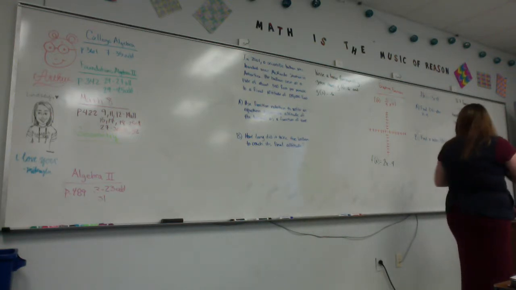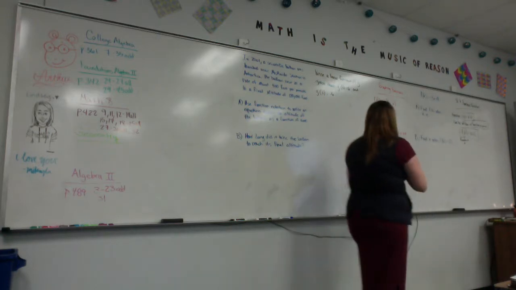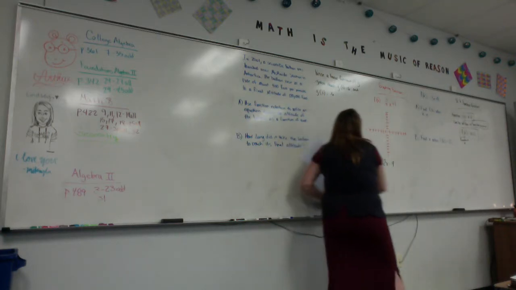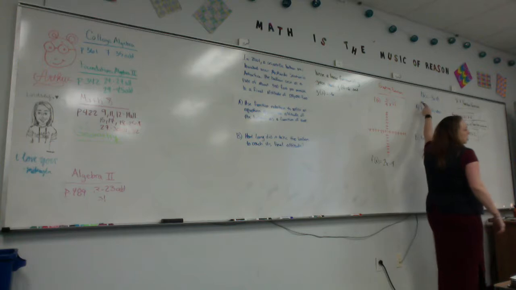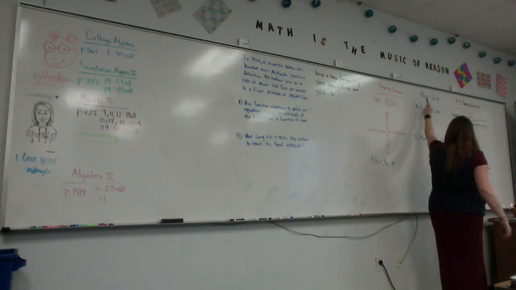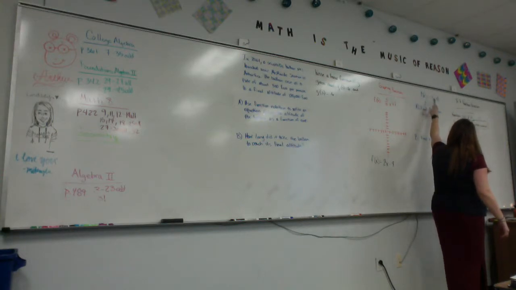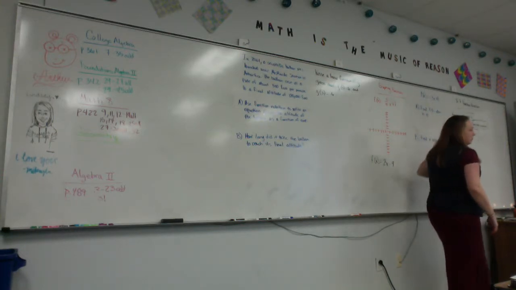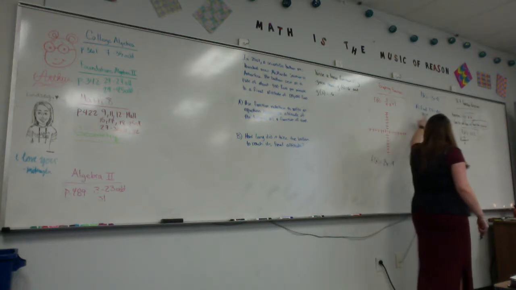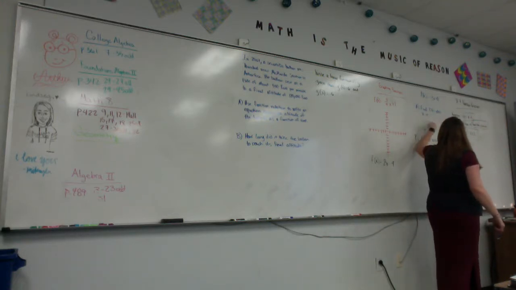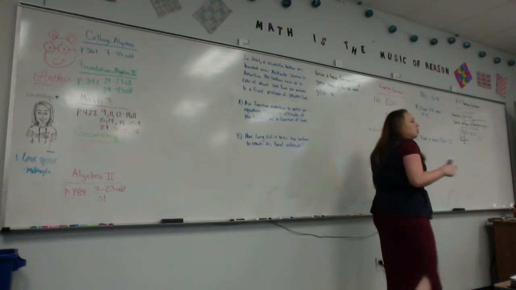So, the first thing we need to talk about is when something is in function notation. Right here, you have a function notation equation: f of x equals negative 3x plus 8. It says find f of x when x equals 5. What do you think I'm going to do?